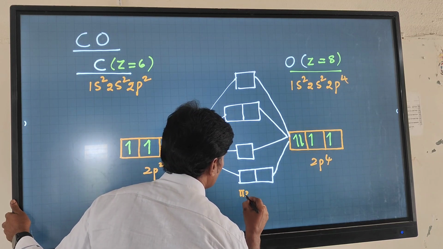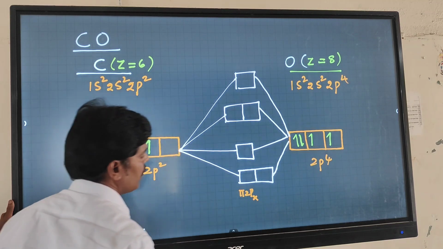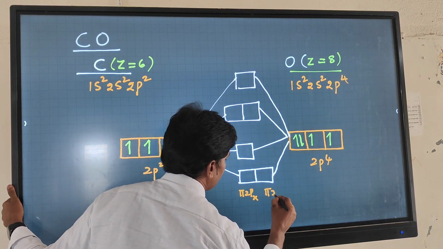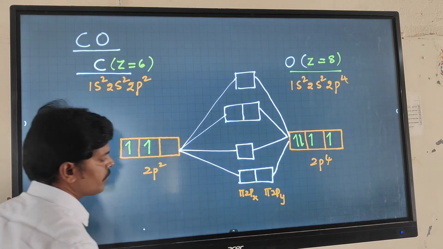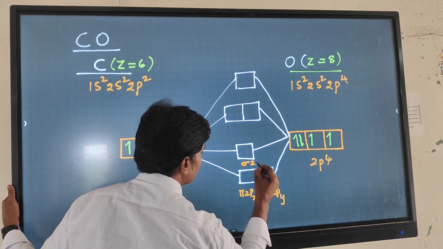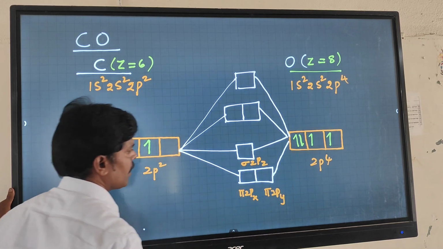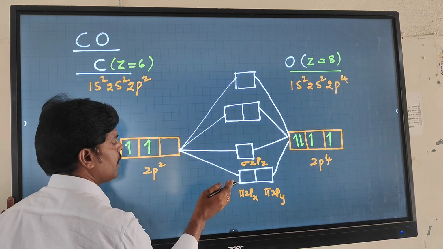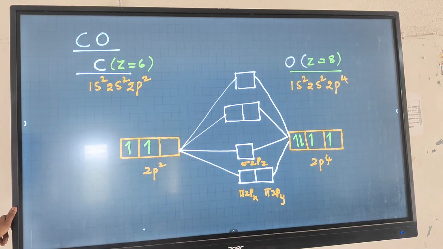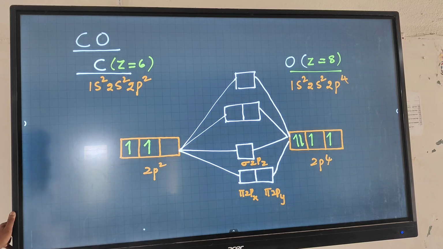Pi 2px, pi 2px. The name of this orbital is pi 2py, and this is sigma 2pz. Sigma 2pz has slightly more energy than pi 2px, pi 2py.